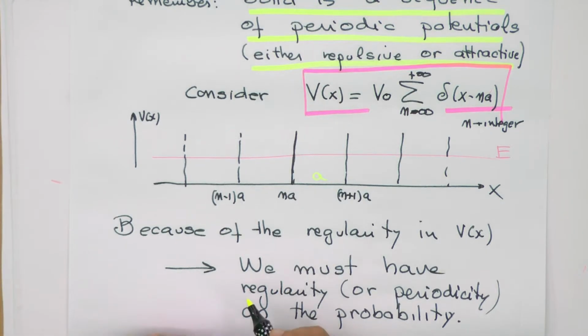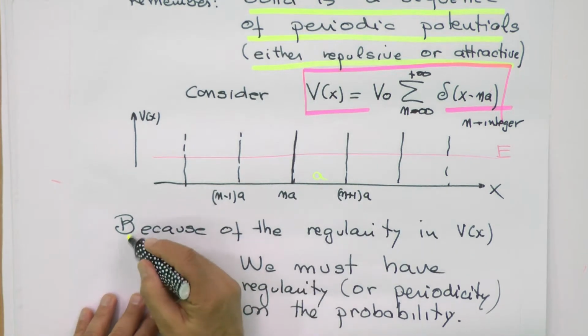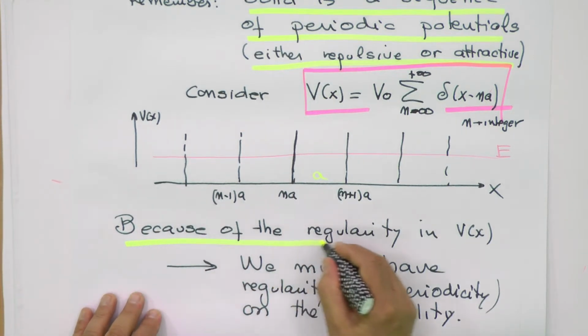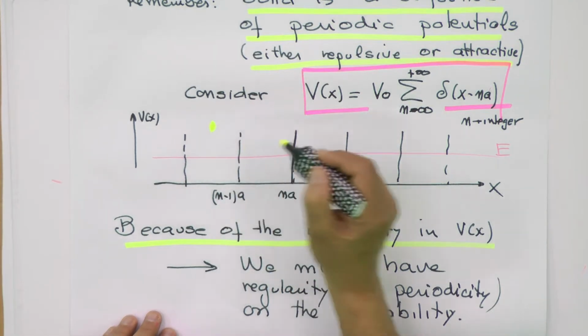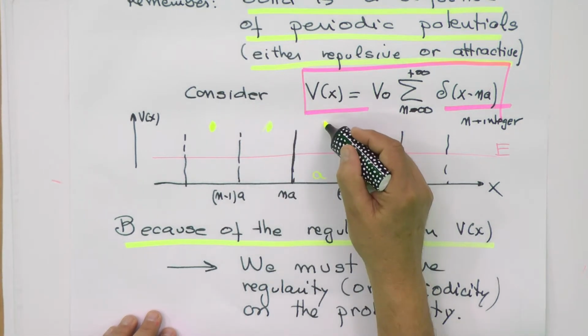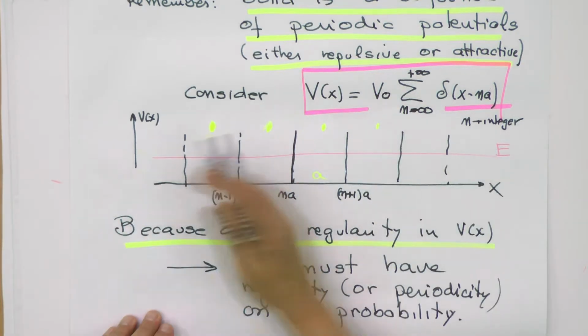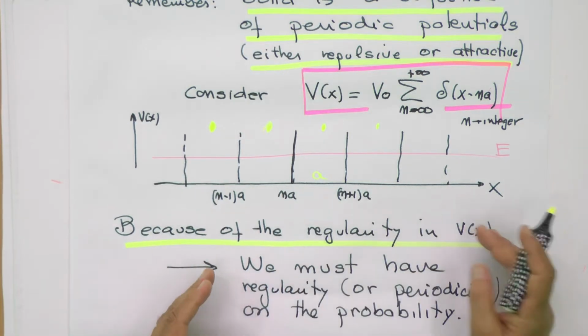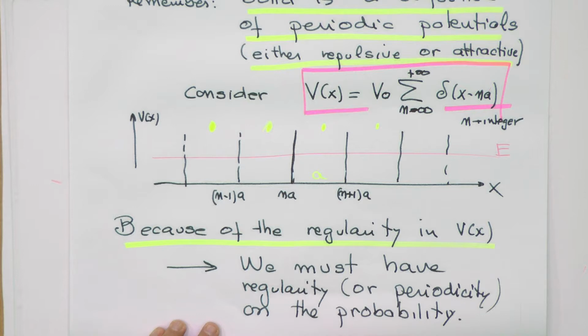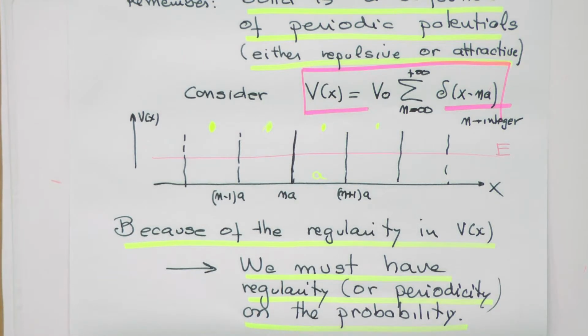And one thing that we have in the solid is a regularity in the potential, right? If I come here, or here, or here, or there, because this is infinite, I see the same thing. And because I have a regularity in the potential, I must have a regularity in the probability distribution, or the wave function. That's a consequence, right?